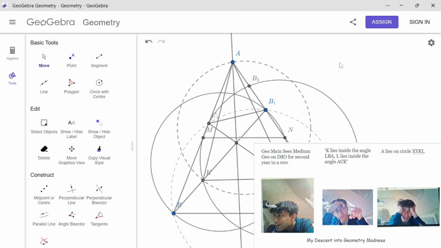And this one's B2. We know that B2 is the midpoint of CB1.